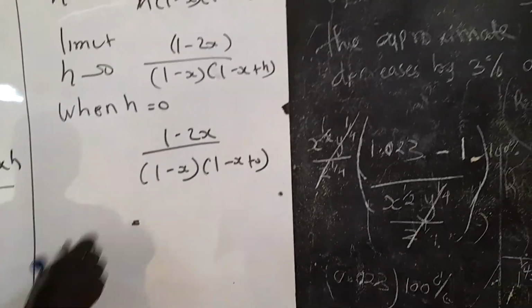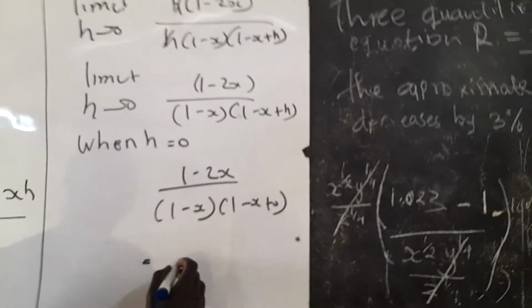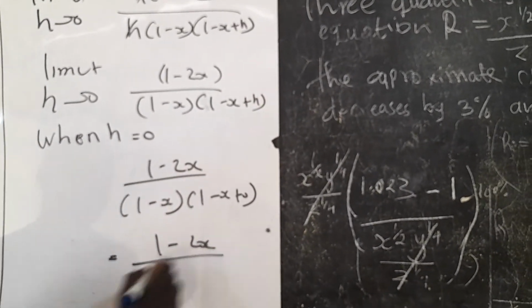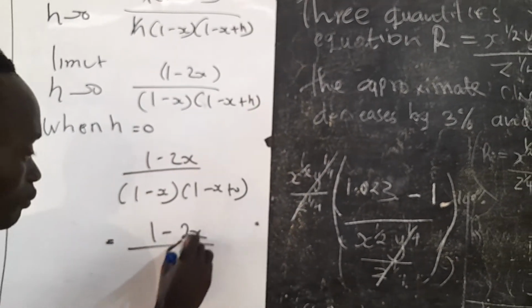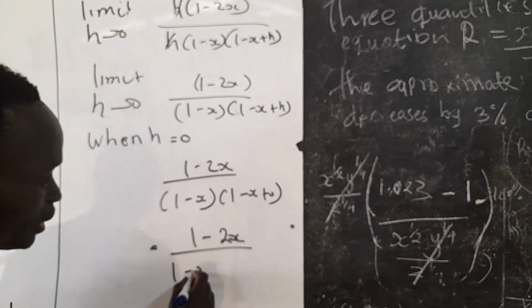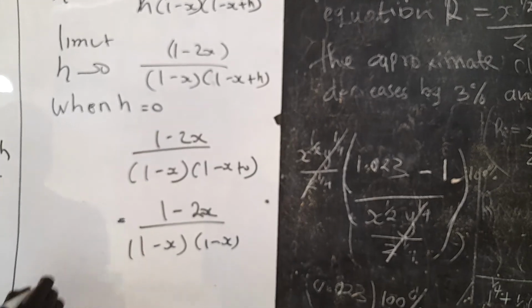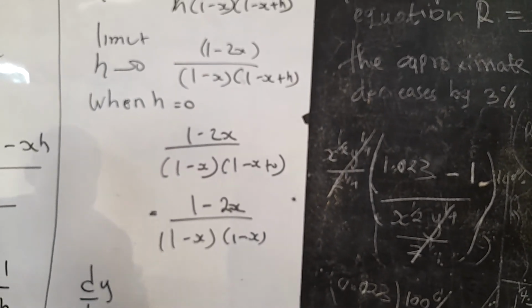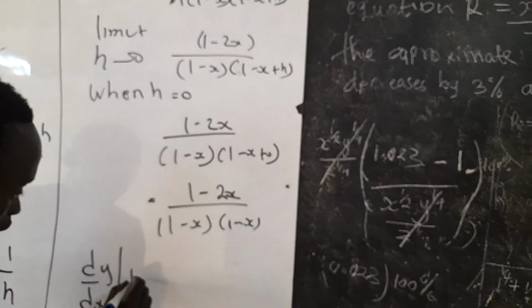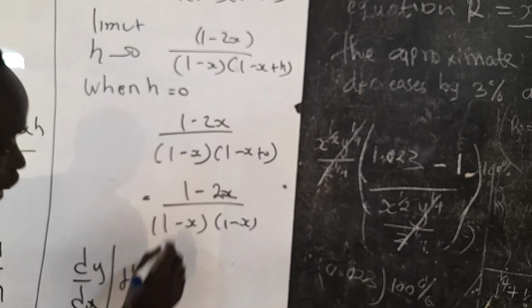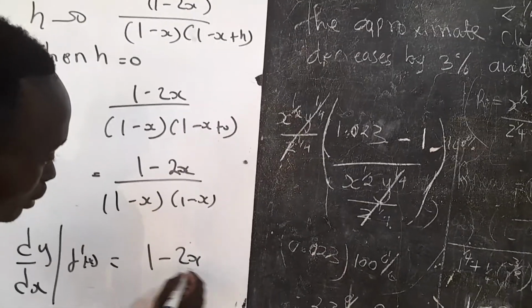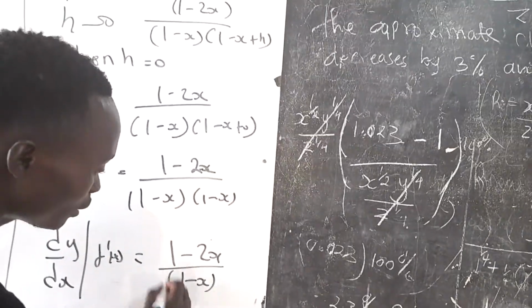So this is what I remain with: 1 minus 2x over 1 minus x times 1 minus x. Then my dy dx now, which I said is the same as f prime of x, is 1 minus 2x over 1 minus x squared.